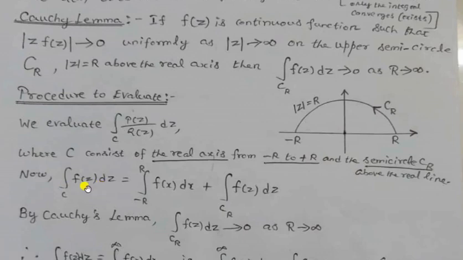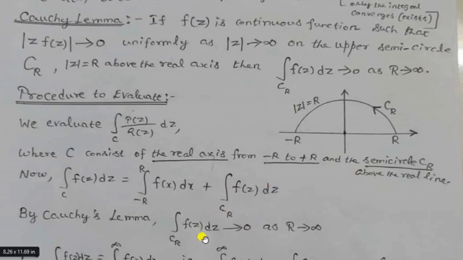I write the integration over c f of z dz together. While writing within the real line from minus R to R, I rewrite this as a function of x because I'm writing on the real line. Then next I take the semicircle, where I have written the integration over the semicircle, the same f of z dz.